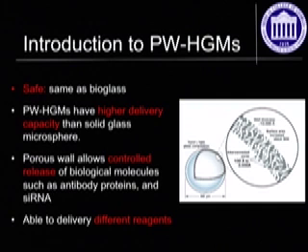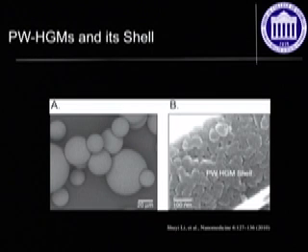These PWHGMs have a big interior cavity, which gives this glass piece the capacity to deliver biological therapeutics. One of the very important characteristics of this carrier is that it has a shell. That shell consists of nanoscale interconnected worm-like channels, which allow biotherapeutics to internalize.